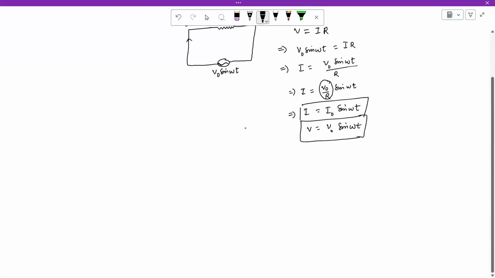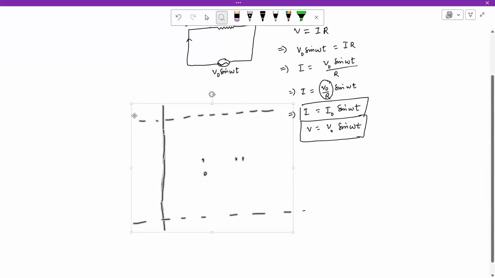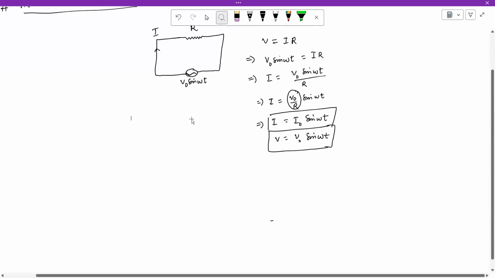If I plot the graph, you see that I naught is V naught by R, so it would be less than V naught. So let's say this is 90, 180. Let me draw the graph.